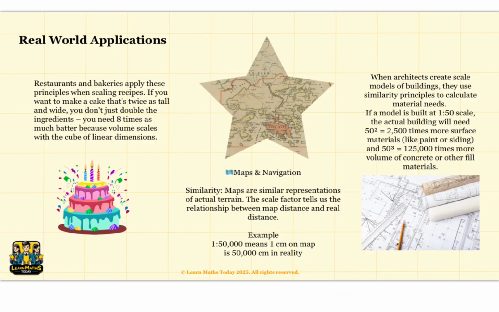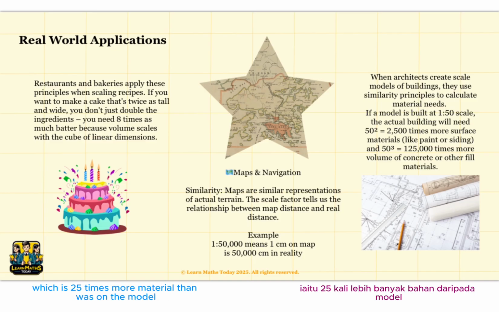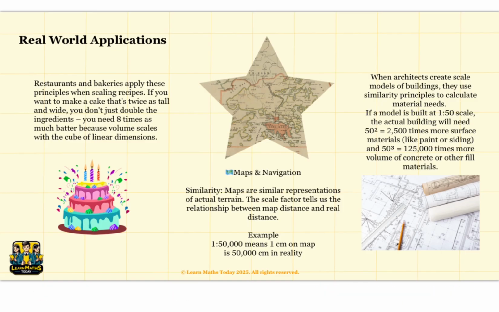For surface materials like paint or siding, you will need 50 squared, which is 2,500 times more material than what's on the model. For volume materials like concrete, you need 50 cubed, which is 125,000 times more. This is why architects need to understand similarity so well. One small calculation error could mean ordering way too little concrete for a skyscraper.